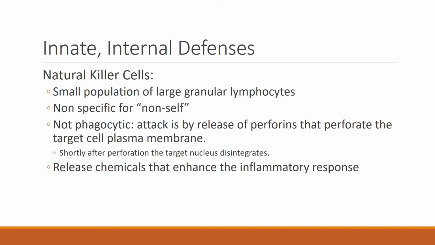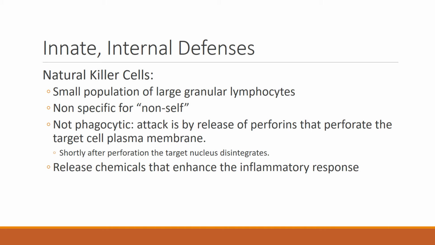These are not phagocytic, so they must come in contact with their victim cells, and what they do is release different types of proteins called perforins that perforate the target cell plasma membrane. They're also able to induce apoptotic enzymes, which are called caspases, and that triggers the death of those foreign cells.